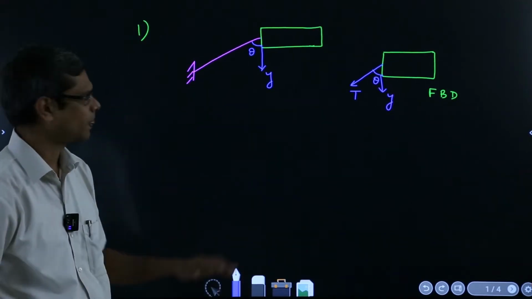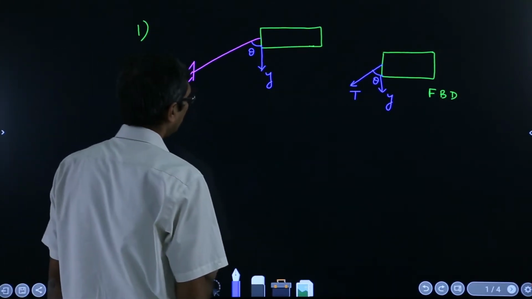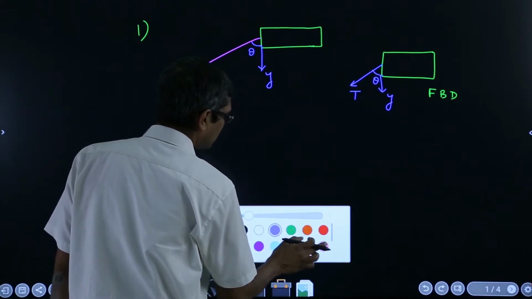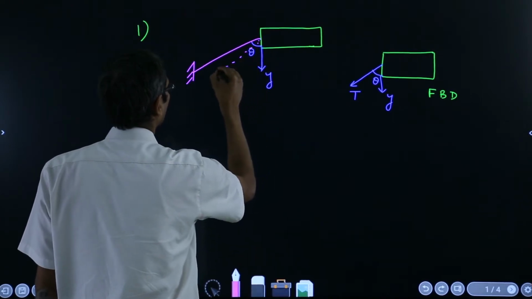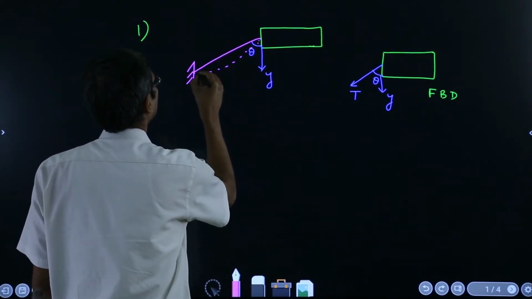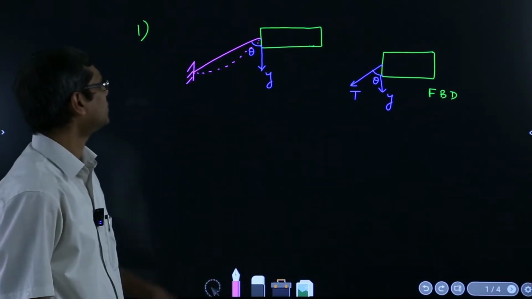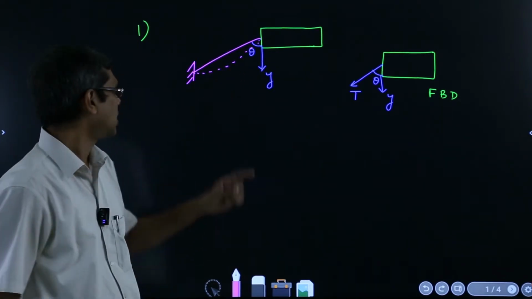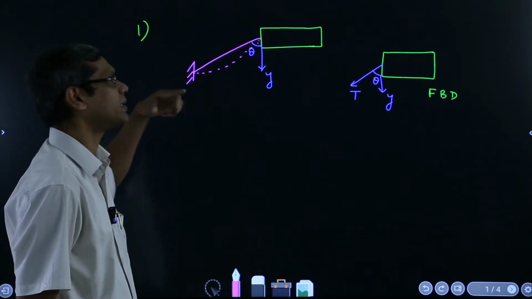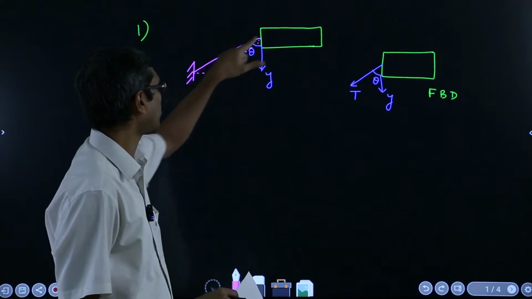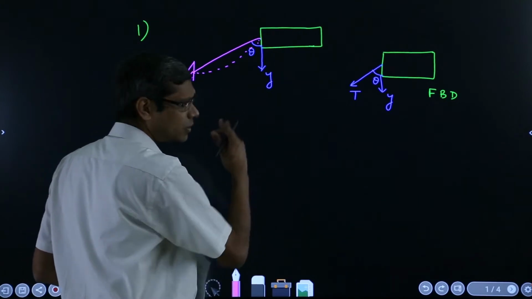But it may so happen that you cannot neglect the weight of the cable, then the actual shape of the cable will become something like this maybe, okay, and this shape is not known a priori because it depends on so many things: the angle between the point A and point B where it is connected, the mass per unit length, and so on.